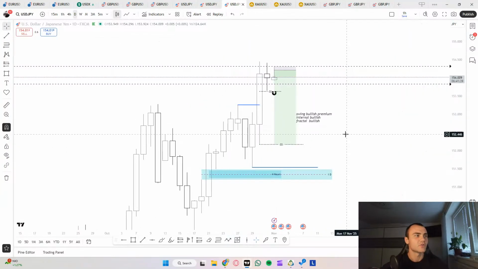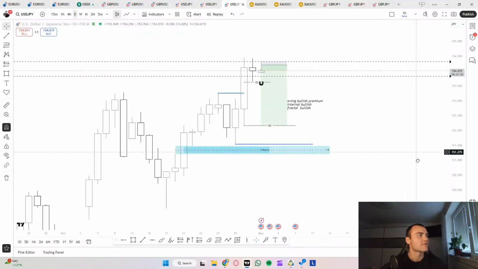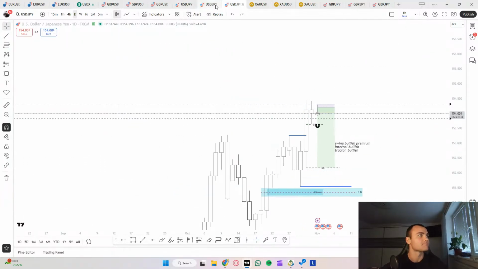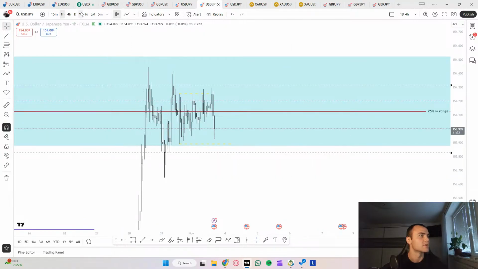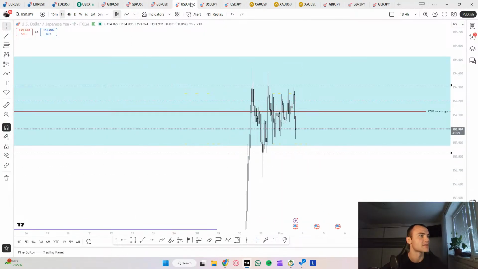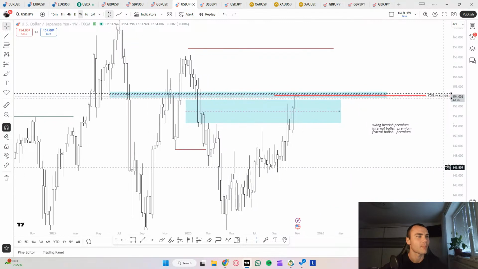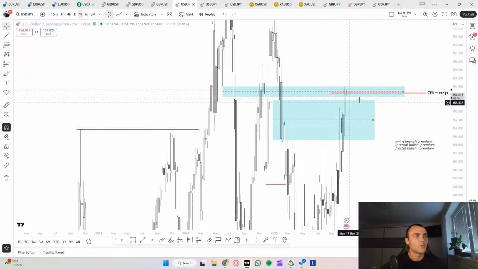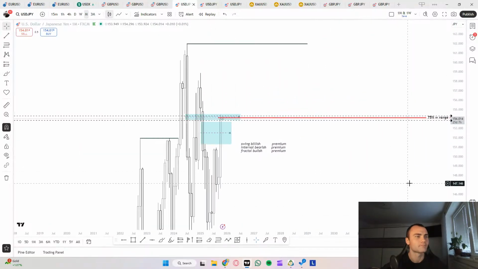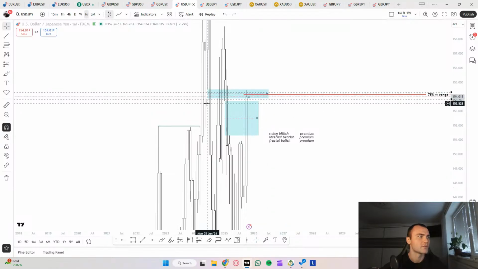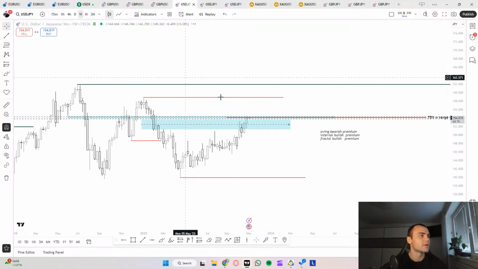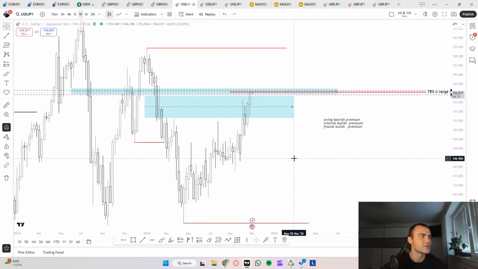So now let's dive into the trade. What I have looked at was, let's do it here because it makes a little bit more sense. We are in a monthly imbalance right now, right? We sit in this inverted imbalance, and around 75% of the weekly range, from body to body.